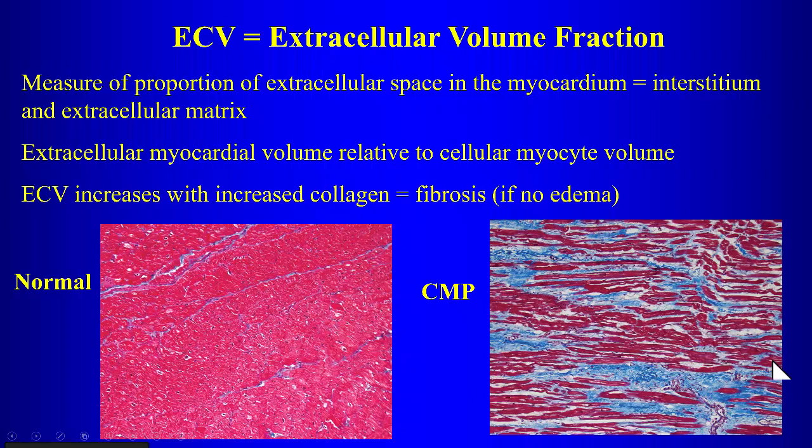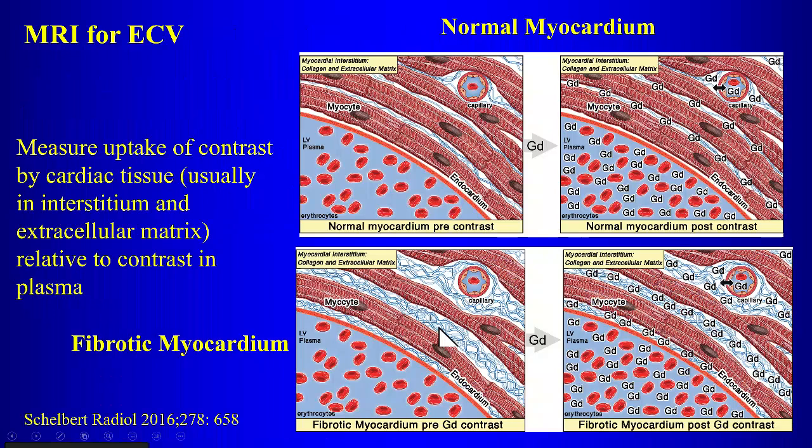So that ratio of stuff out there, the extracellular versus cellular, is higher where you have diffuse fibrosis. And so that's this extracellular volume fraction. So where you have diffuse fibrosis, if we can calculate this with MRI, this number goes up. And so it's an indication of diffuse fibrosis, of collagen in the extracellular space.